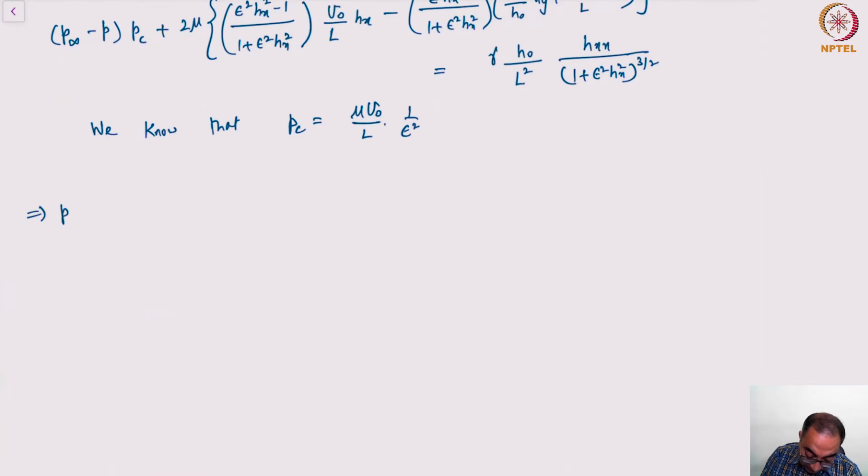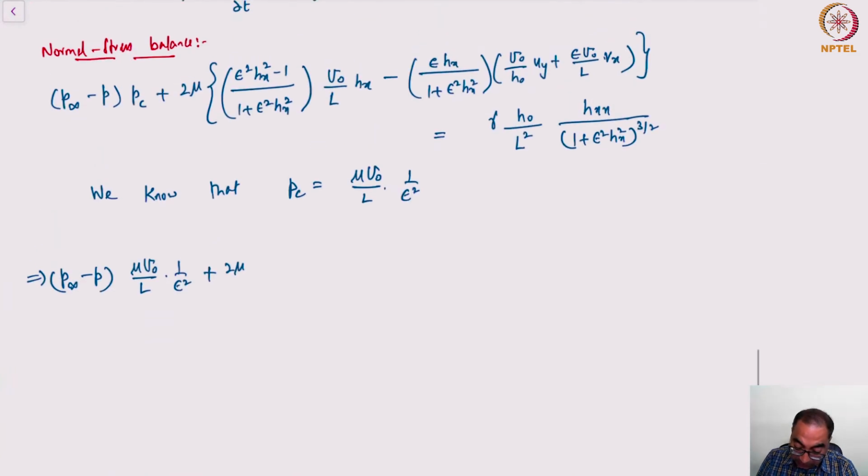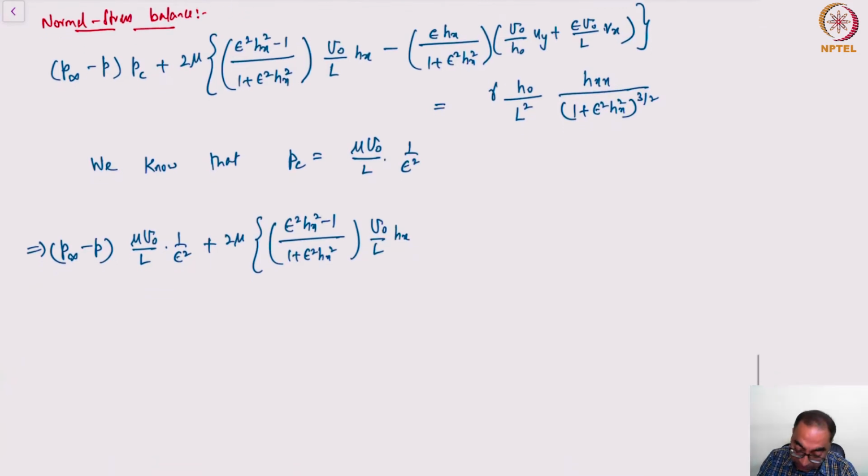We now have P infinity minus P times Pc, that is mu u naught by L times 1 by epsilon square, plus 2 mu times epsilon square hx square minus 1 by 1 plus epsilon square hx square, times u naught by L into hx. That's the first term that we got.